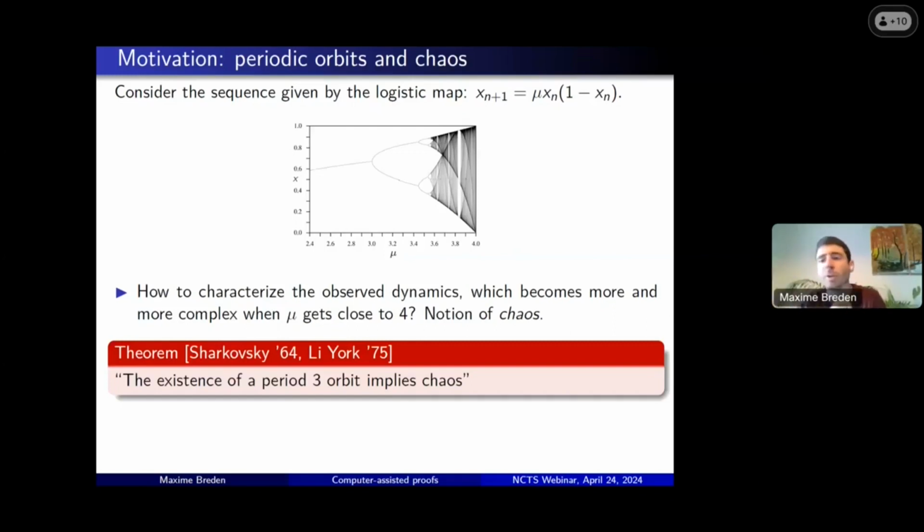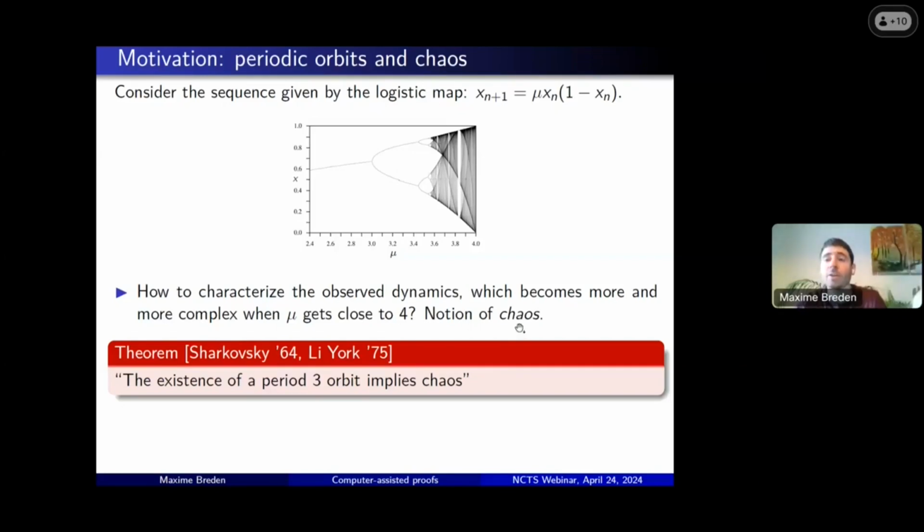And again, I'm not going to be very precise about what chaos means here, but at least it implies that you have existence of infinitely many periodic orbits of any period, and also some kind of sensitivity to initial data. Okay. So that's a very beautiful theorem, also completely pen and paper theorem, of course.